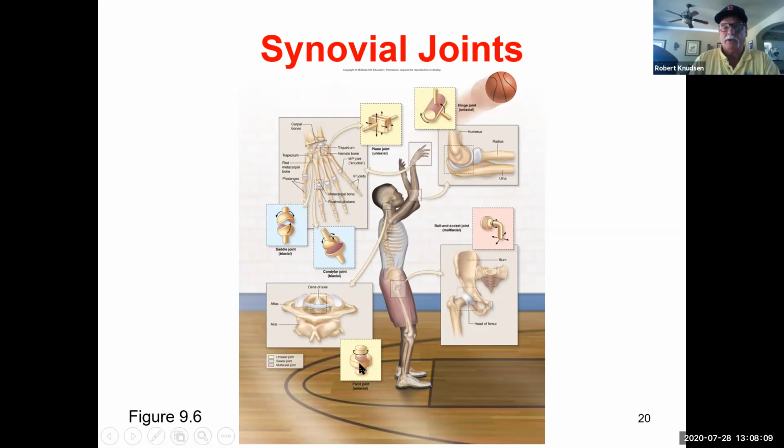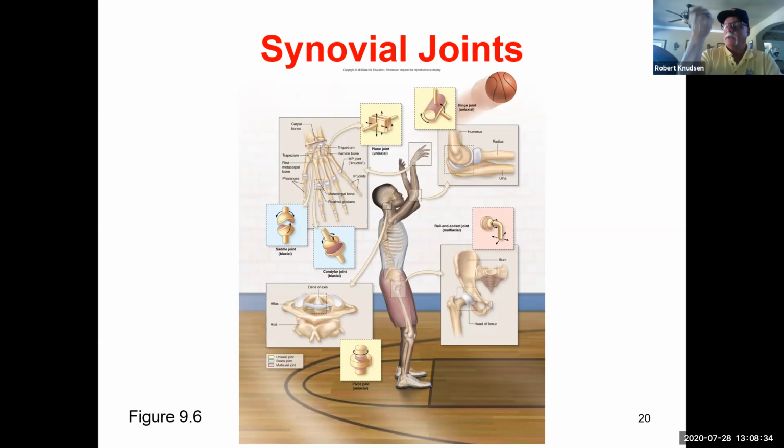Okay, a pivot joint. See what it's trying to show you is it goes like this, like this. They talk about a condylar joint. Okay, that's this one. They talk about a saddle joint. That's one where you sit in a saddle and you kind of go like this. We see that in your fingers.